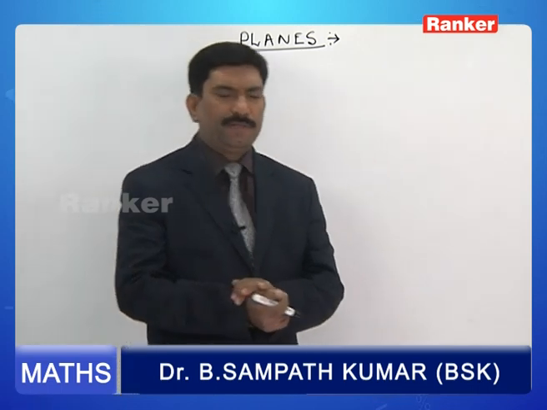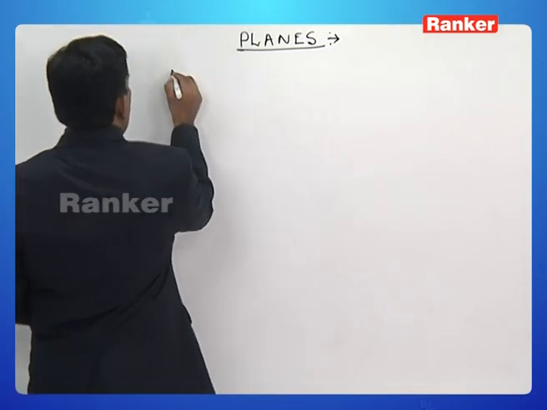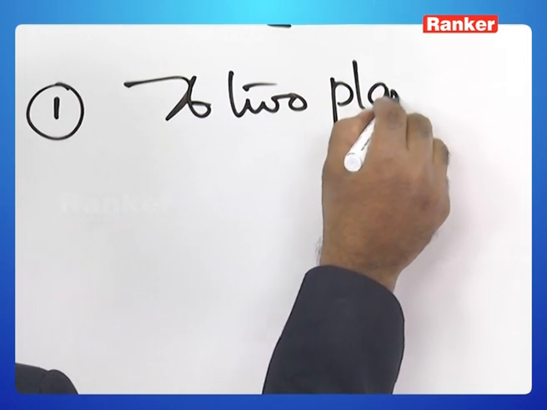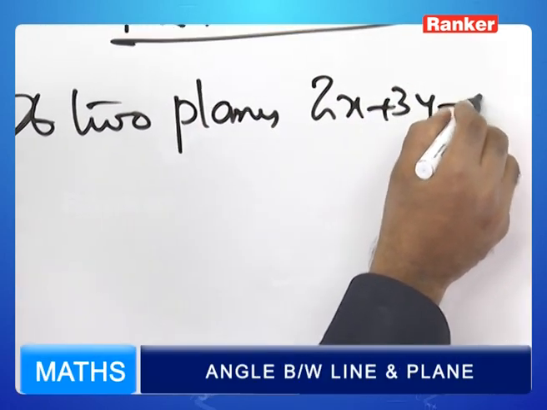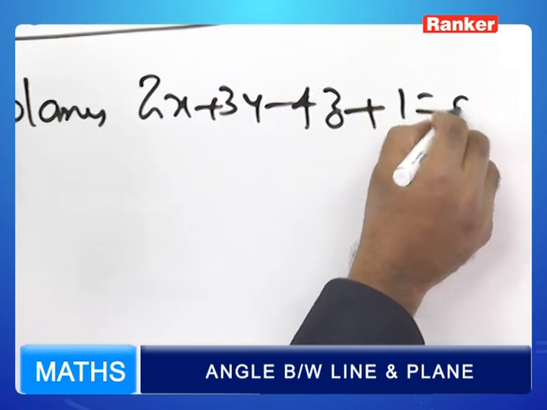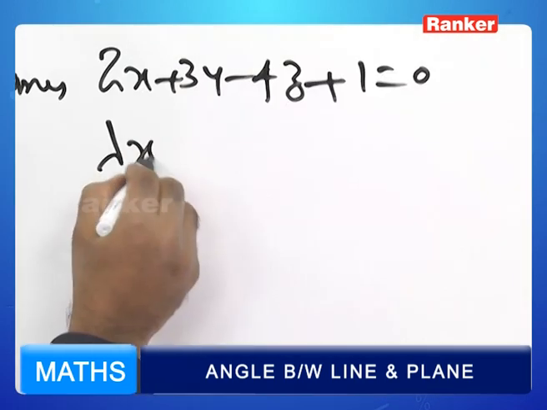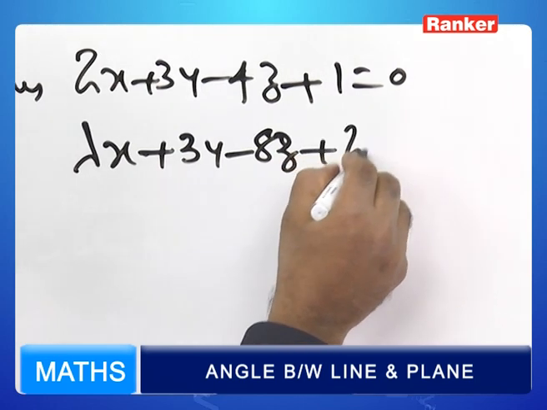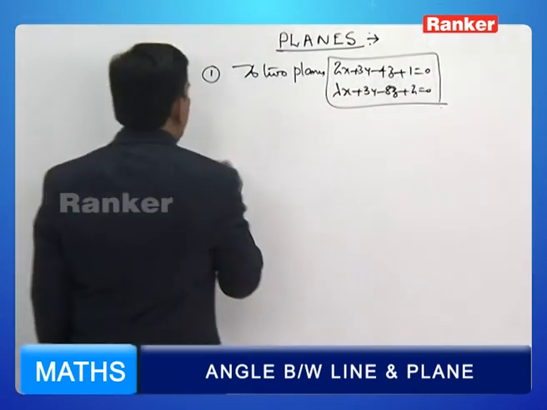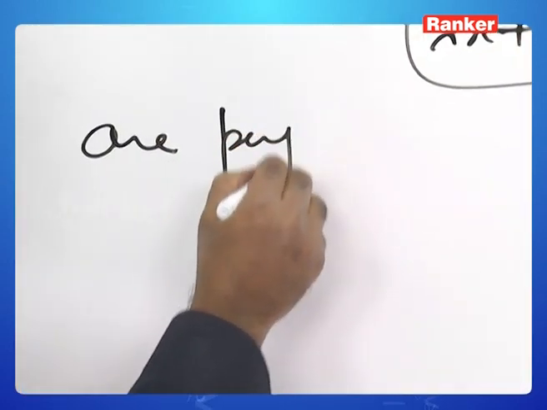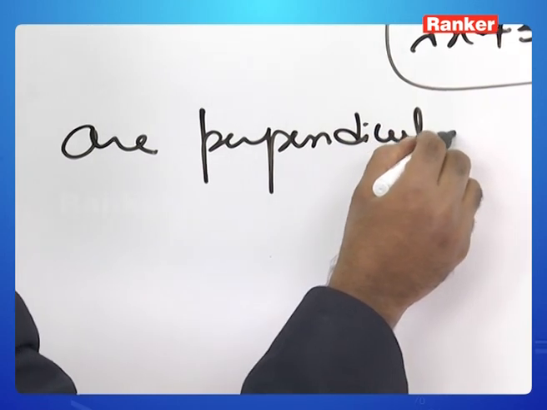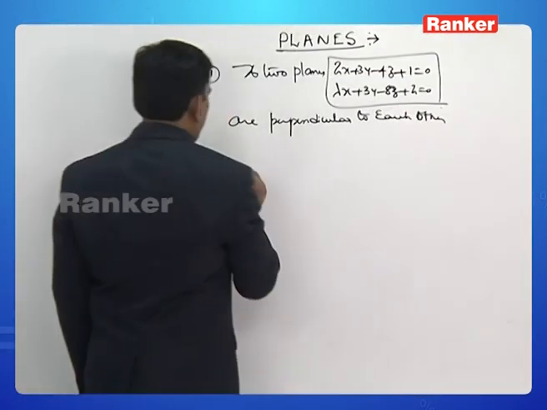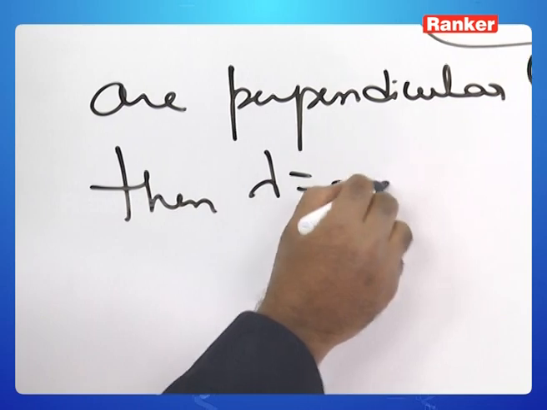The very first one: if two planes 2x plus 3y minus 4z plus 1 is equal to 0, and lambda x plus 3y minus 8z plus 2 is equal to 0, are perpendicular to each other, then lambda is equal to dash.